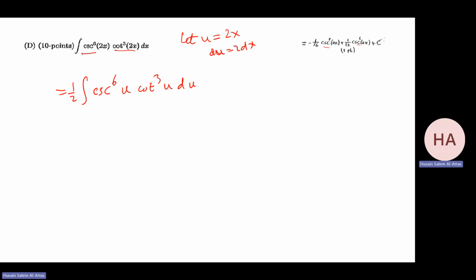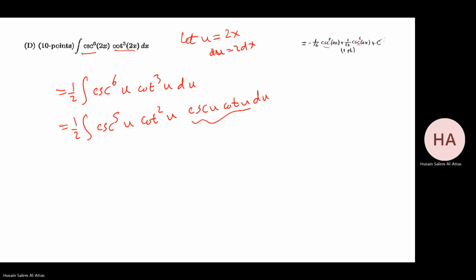Just to make it easier. Now this one, I will take 1 cosecant from here and 1 cotan from here, and I have cosecant cotan u du. So this will be the derivative of cosecant with a minus sign.